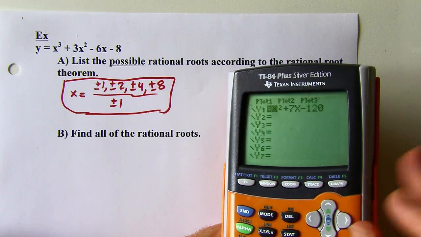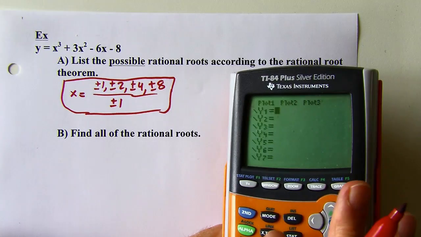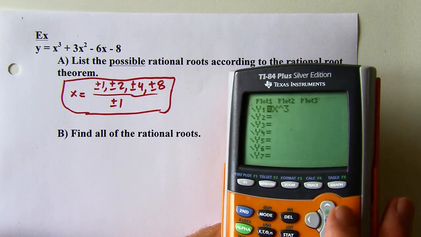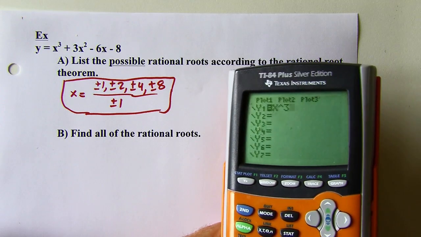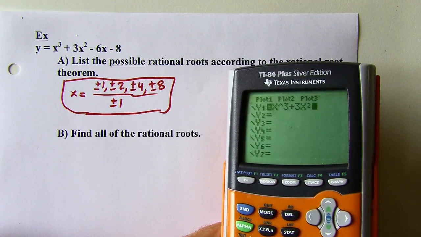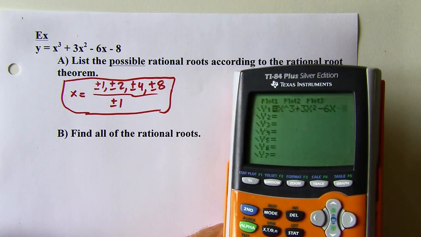So what I'm going to do is graph this function on a graphing calculator. You could use Desmos if you don't have a graphing calculator. So I get x to the third plus 3x squared minus 6x minus 8.